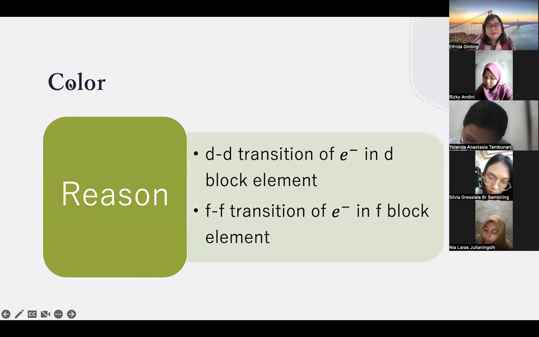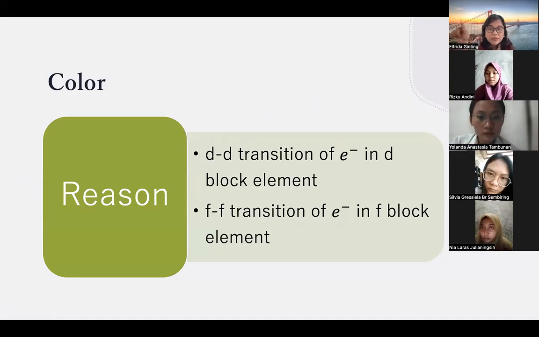Color you can usually see in the transition metals. Why? Because for transition metals you have a D. Remember SPDF? In transition metals, usually the outer shell is D or even F.